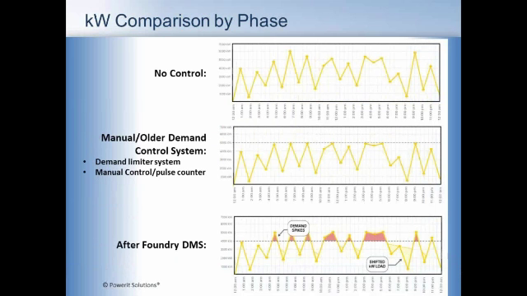With the new foundry management system, we were actually able to reduce our set point lower, and we were able to do that because of the algorithm that looked at the power usage continuously, and it would determine if furnaces were turning down, it would automatically give that power back versus having to wait for the time periods to step back through and give the power back. So that was how we achieved the 26% increase in demand reduction.